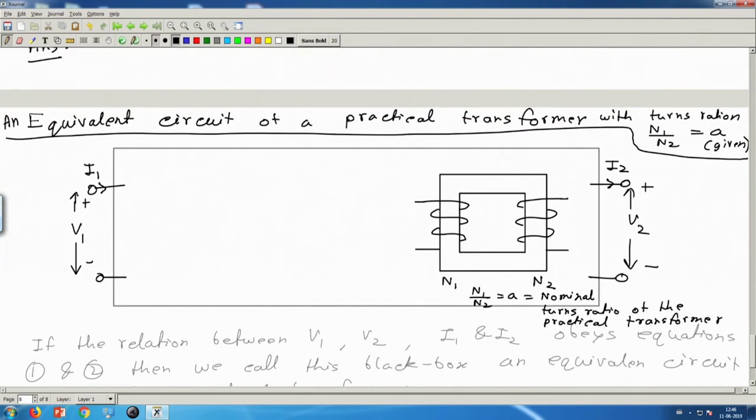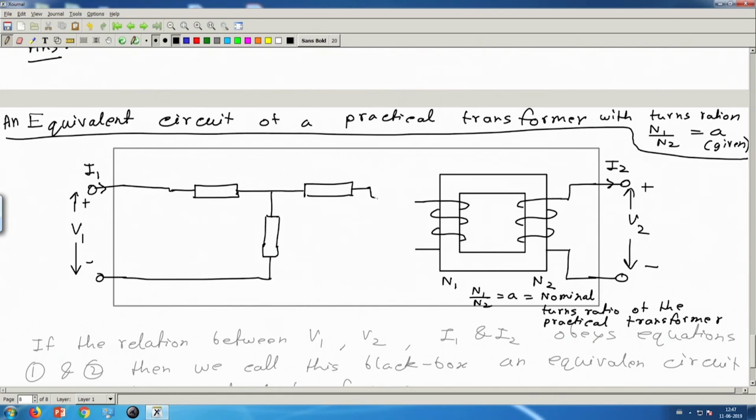Then I will connect this here and this here, and here I will take 3 impedances connected in the form of a T. So this is a T network, 3 impedances. I will connect this side here, and I will connect this to the transformer.